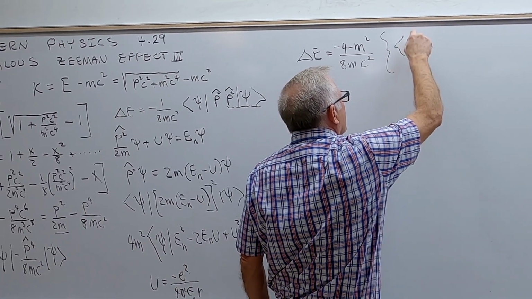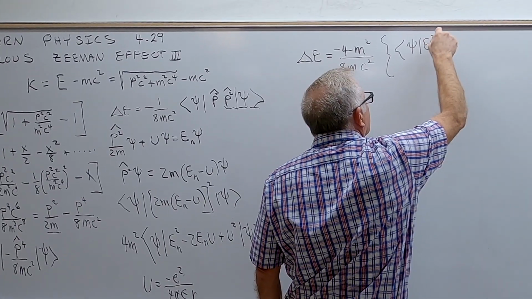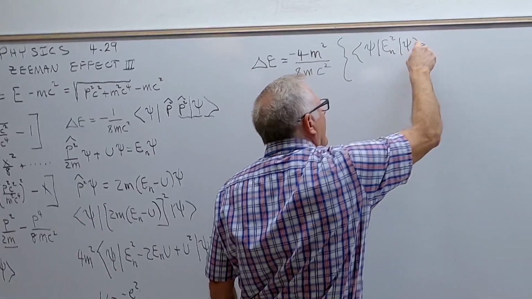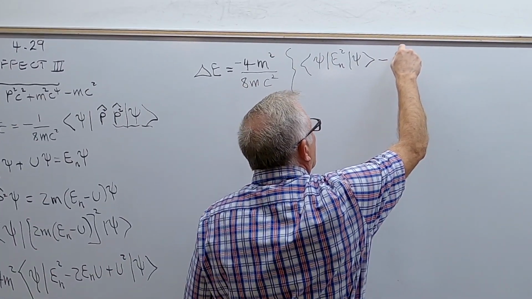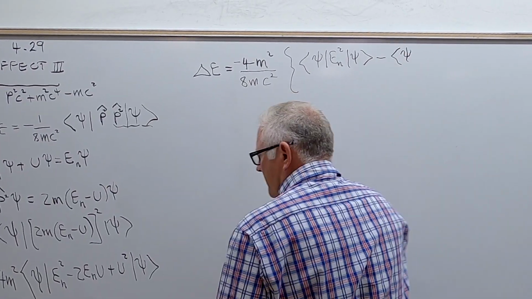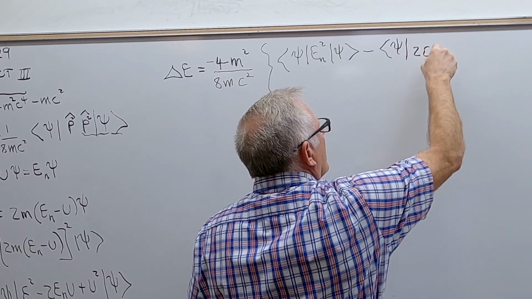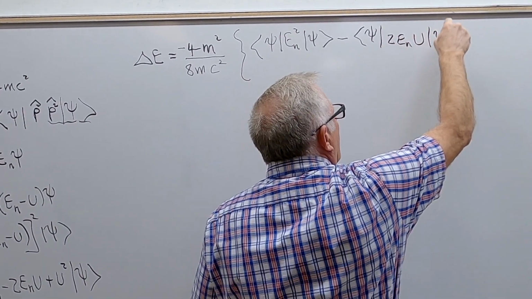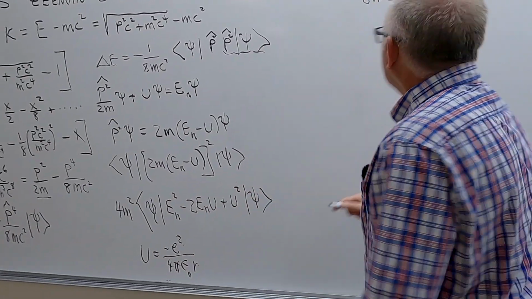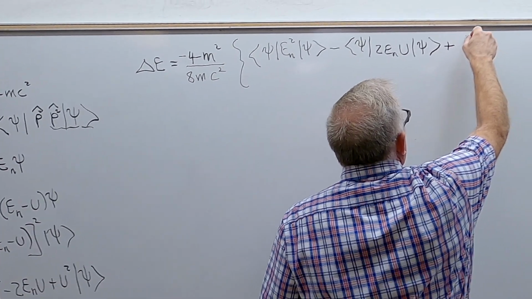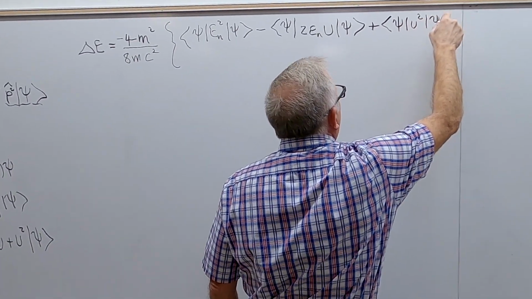So we got psi E sub n squared psi, minus 2 E sub n u, psi, plus psi u squared psi.